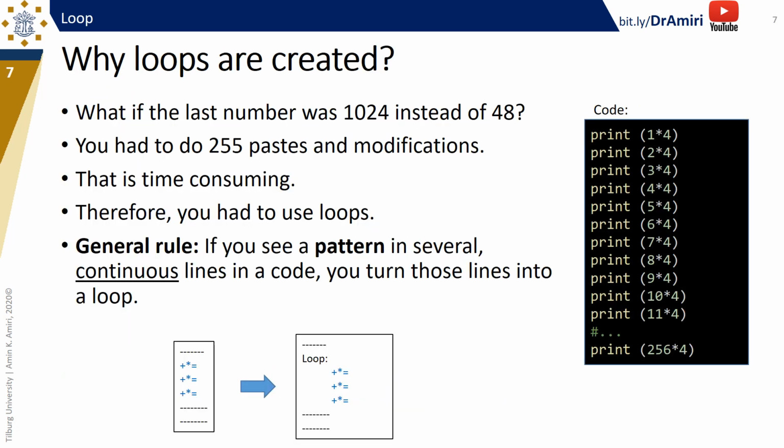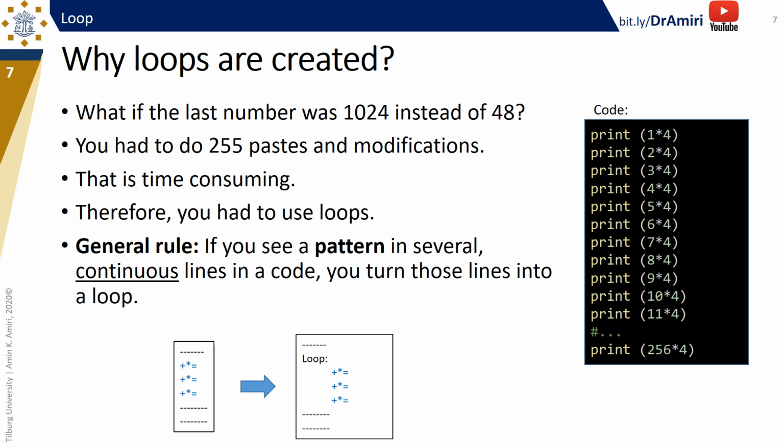I use this exercise to explain why loops are created. Assume that I had asked you to print up to 1024 rather than 48. You had to do 254 paste and modification, and that is quite time consuming.